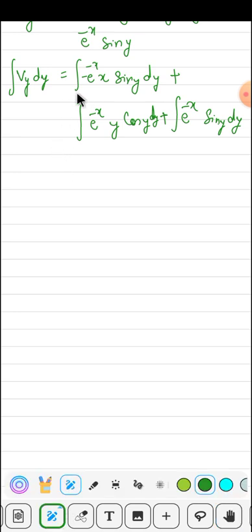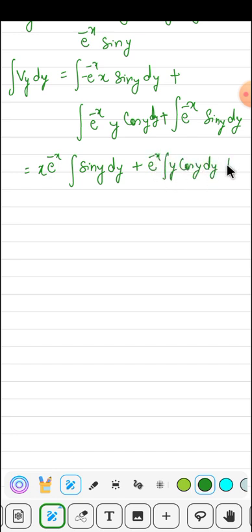Now you can see that the functions which have x are considered constant here. Okay, so let us take them out common, and I am left with sin y dy plus e^(-x) y cos y dy plus e^(-x) sin y dy.